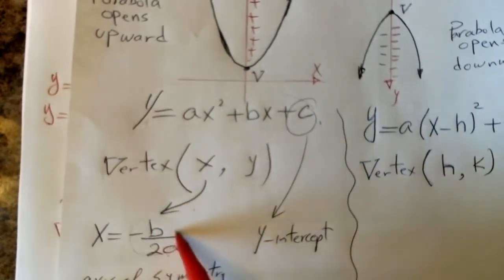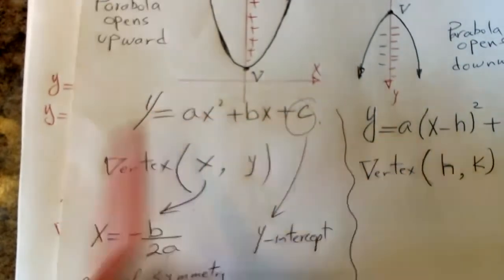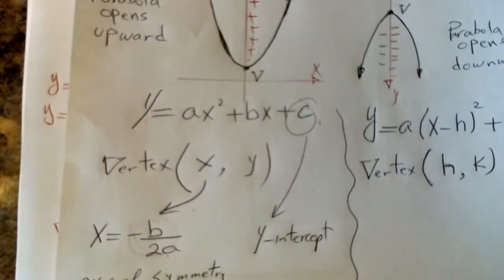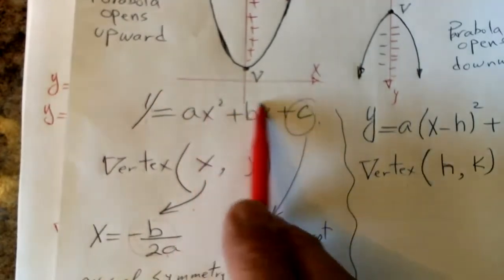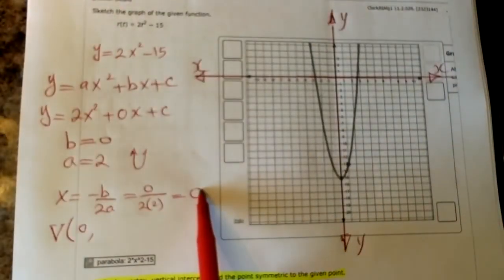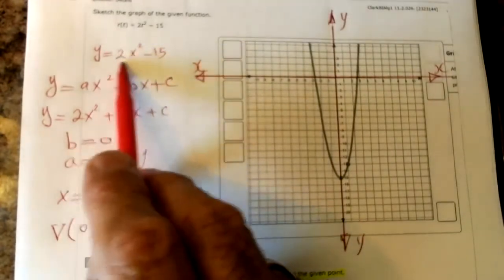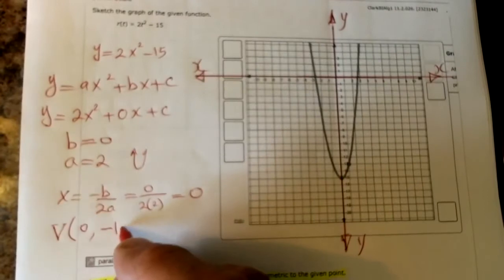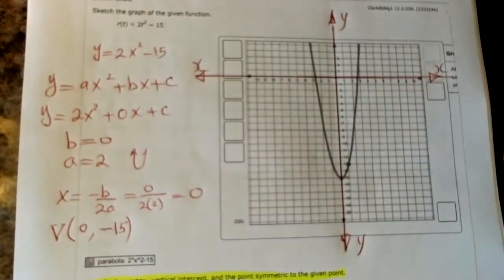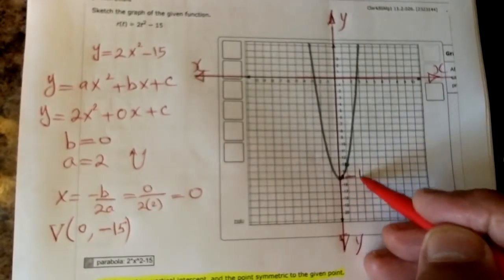When you find the x, substitute it here to find the y value, okay? In our case, x is 0, so the terms with x are gone and what is left is negative 15. So the vertex is (0, -15), which is this point.